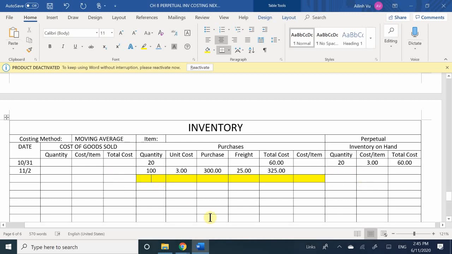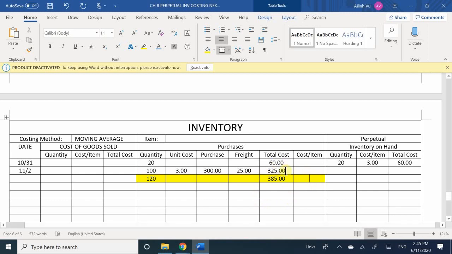Then total cost is $385. Okay. So 385. All right. Now we average that out.